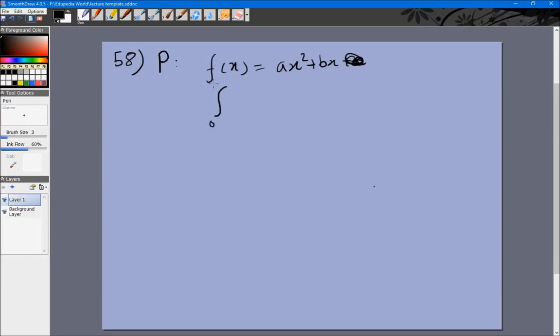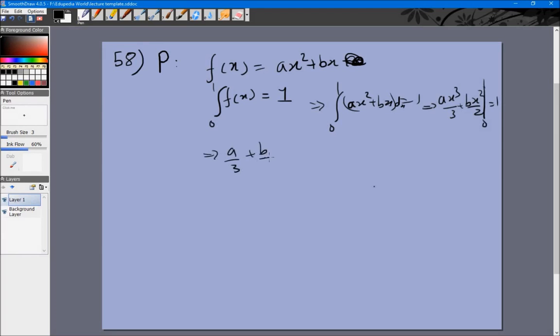And the integral from 0 to 1 of f of x dx is equal to 1, which means the integral from 0 to 1 of (ax squared plus bx) dx is 1, which means ax cubed by 3 plus bx squared by 2 from 0 to 1 is 1, which means a by 3 plus b by 2 is equal to 1, which means 2a plus 3b is equal to 6.